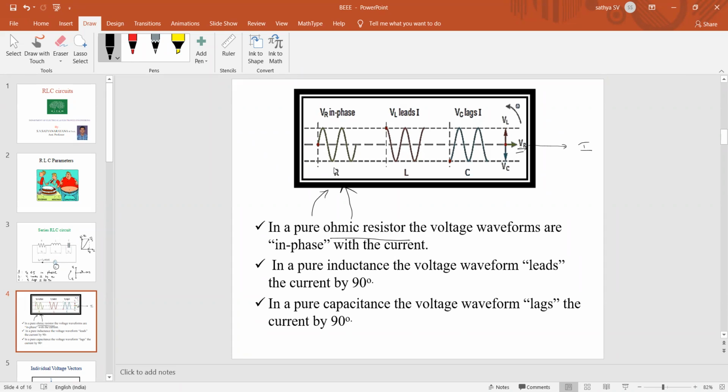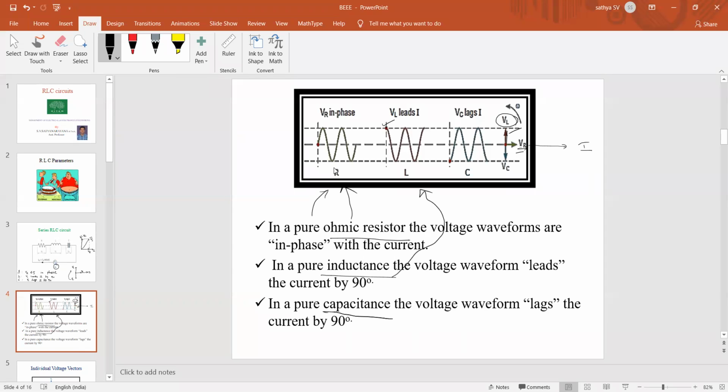And the second statement: in a pure inductance, the voltage waveform leads the current by 90 degrees. Therefore, VL starts at the positive j omega axis. This is for sinusoidal representation. Later we can go for the regular phasor vector representation, where VL leads with respect to I by 90 degrees.